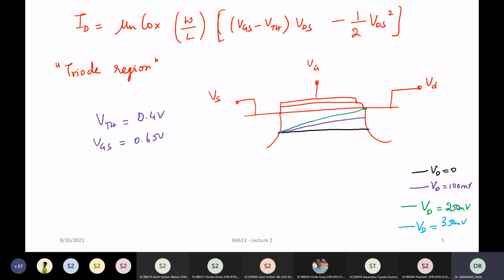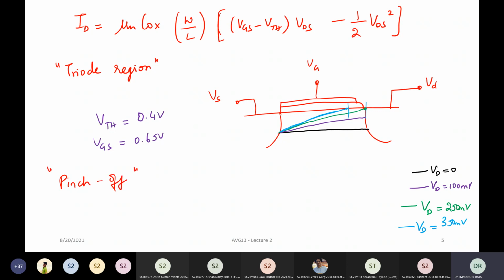So the channel itself is going to look something like this. All right. So what happens in this region? In this region, it is just going to be a diffusion region. So this is what is called pinch off. This property, whatever I described to you with some numbers, is what is called pinch off.